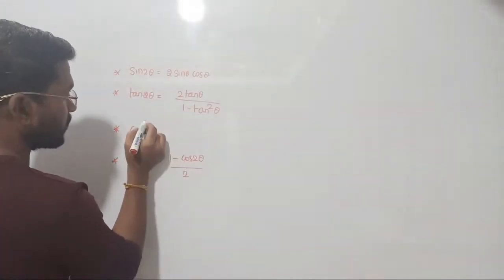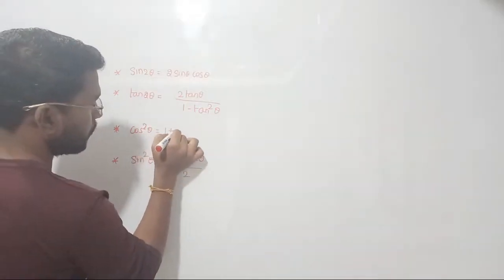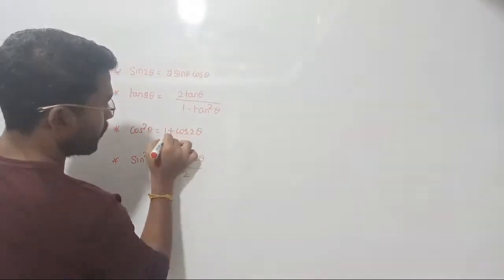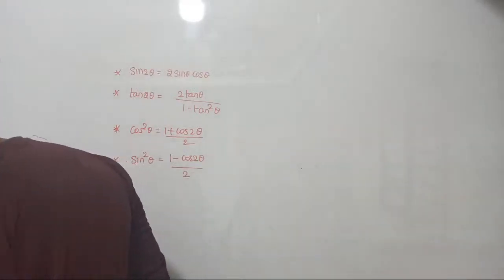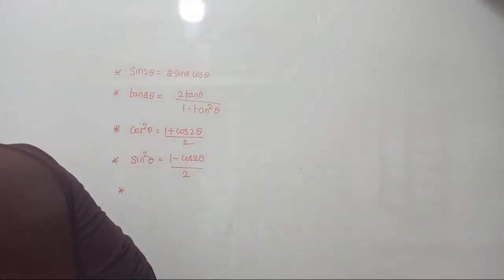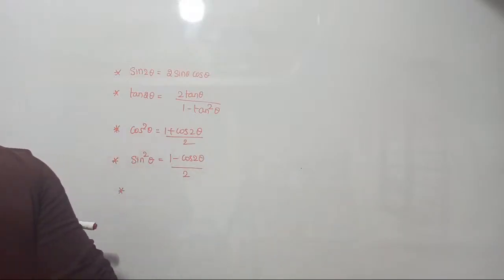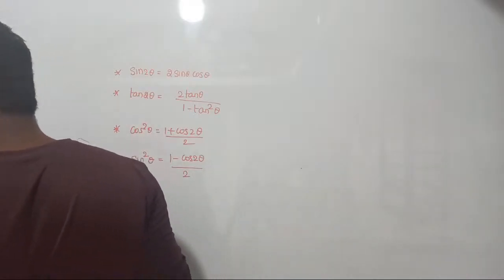Sorry guys, please forgive me. Let us consider cos square theta, that can be written as 1 plus cos 2 theta divided by 2. I think I wrote it wrongly in the notes. Okay, that's fine. Let's continue.